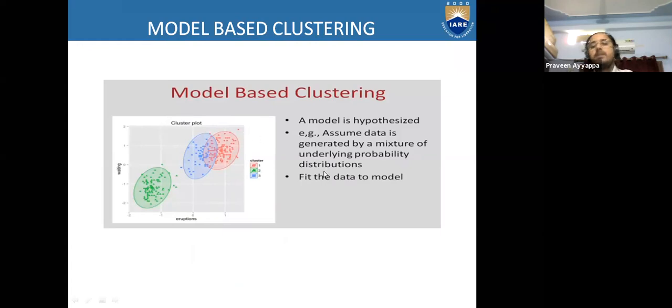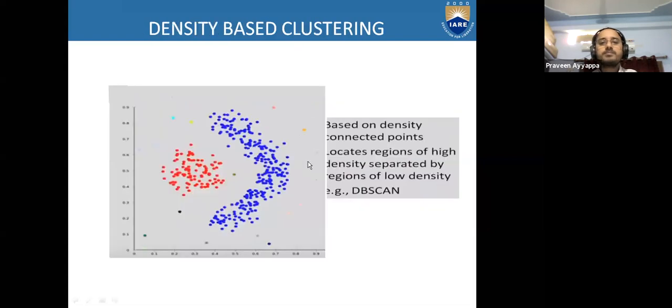Depending on the probability density, the objects are going to be fit into that particular model, and we are going to discuss this model-based clustering in detail in the coming class.